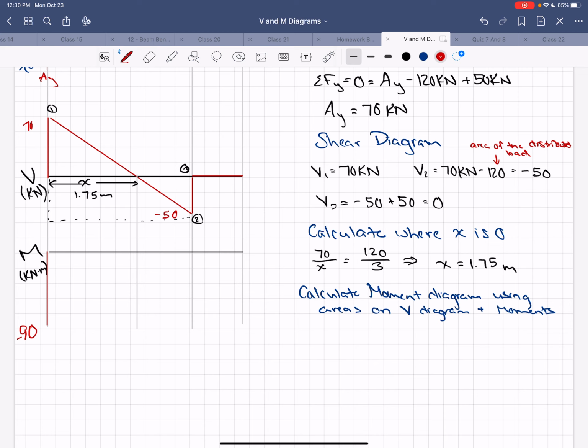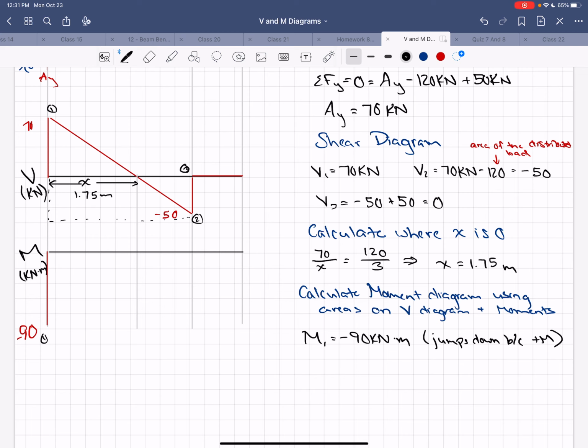So M1, call this 1. M1 equals negative 90 kilonewton meters, and it jumps down because we have a positive moment there.